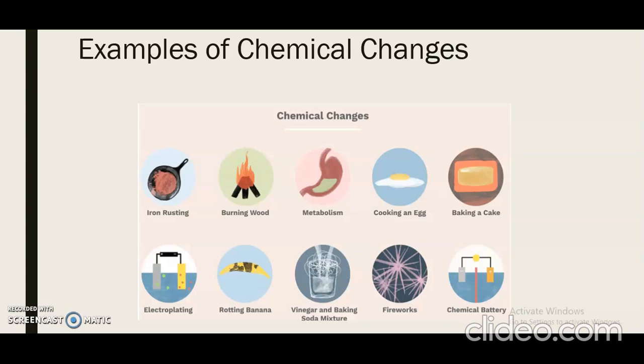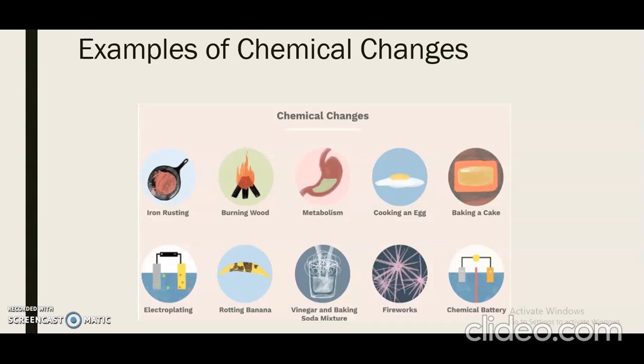When you bake a cake, what things do you need? Basic things: some biscuits or some chocolate powder, cocoa powder, milk, sugar, baking soda, etc. All these are raw ingredients, right?